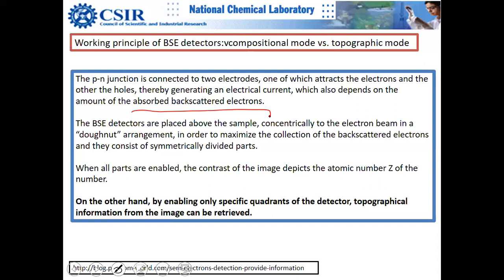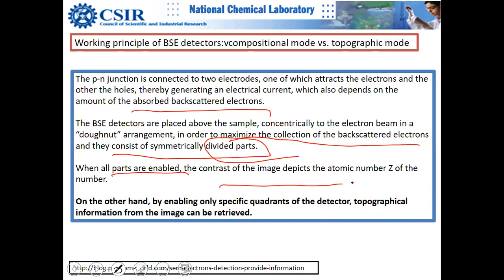So it is a donut arrangement. I think we have already discussed that. In order to maximize the collection of backscatter electrons, they consist of symmetrically divided parts. That's very important. We saw that when all parts are enabled to detect, the contrast of the image will reflect the atomic number.